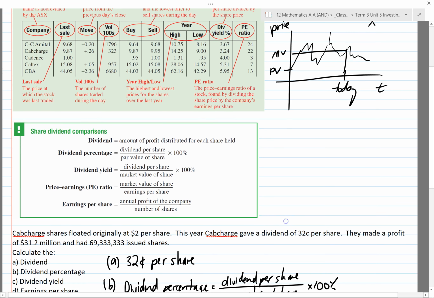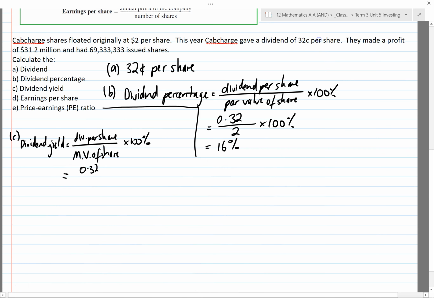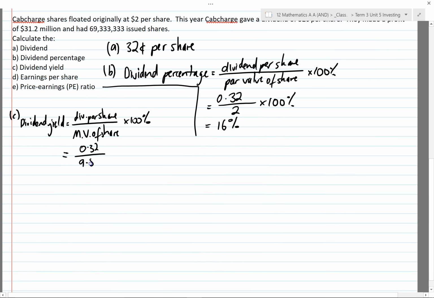Well, it's not in the question, but I can see up here it's $9.87, the current value of the share. So 32 cents divided by $9.87, times by 100 to make it into a percentage, I end up with 3.2% as my dividend yield. This one is probably the most important ratio, the dividend yield, because it's similar to an interest rate. It's essentially an interest rate, so we can compare that to our bank interest rate or our actual rate of return of our investment property.